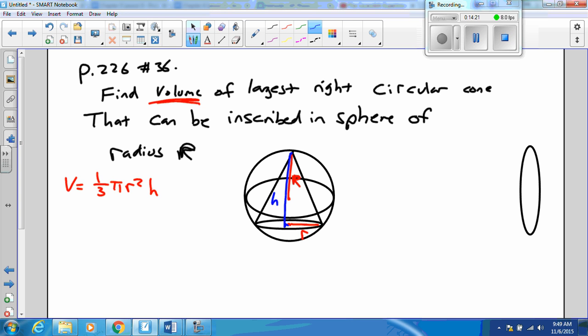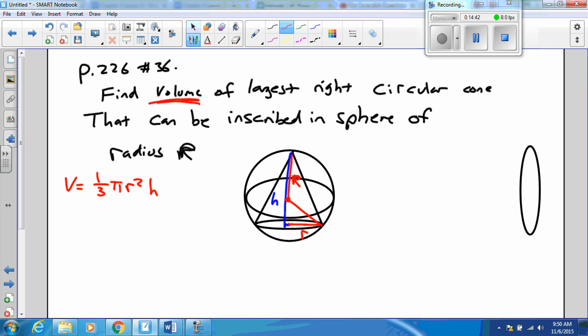Yeah, there's a right triangle that happens right here. Unfortunately, that would introduce a third unknown quantity, so that's not so good. But I'm not done yet, because I realize that in a sphere, everywhere you go, there's a radius.